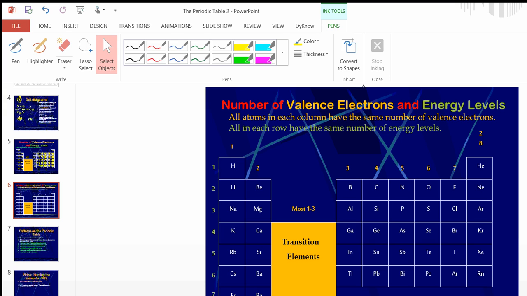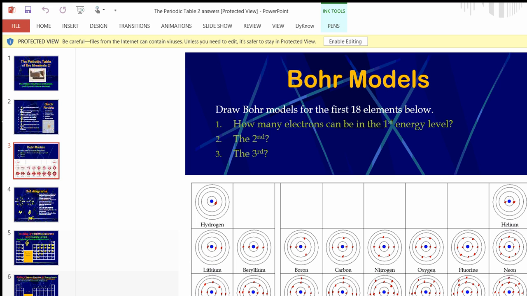Energy levels. In addition to being able to tell the number of valence electrons, we can actually tell the number of energy levels. And if we go back to periodic table 2, to these diagrams, to the Bohr models, you can see that all the electrons for hydrogen and helium are in the first energy level.